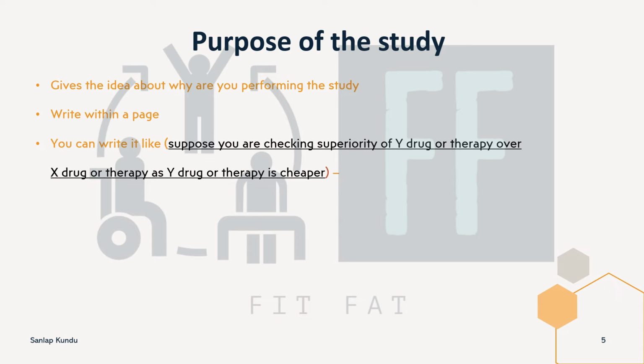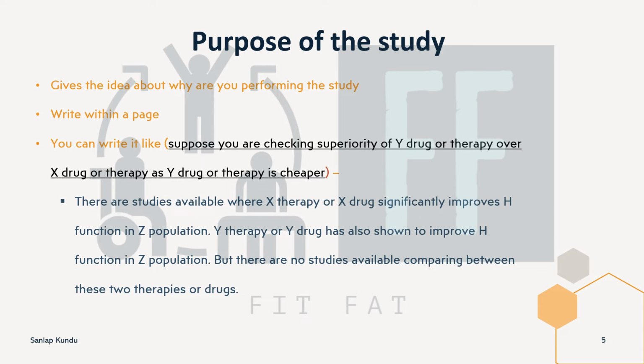Now, you can write it like, suppose I am checking superiority of Y drug or Y therapy over X drug or X therapy, as Y drug is new or Y therapy is new and it is cheaper. So how to write that? We need to write that there are studies available where X therapy or X drug significantly improves H function in Z population.